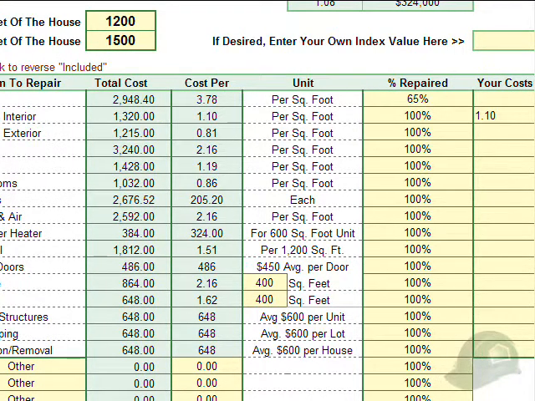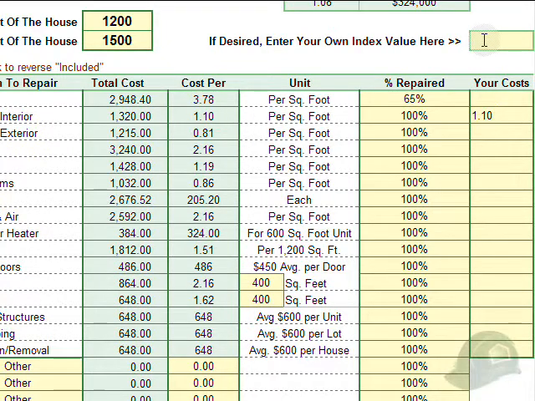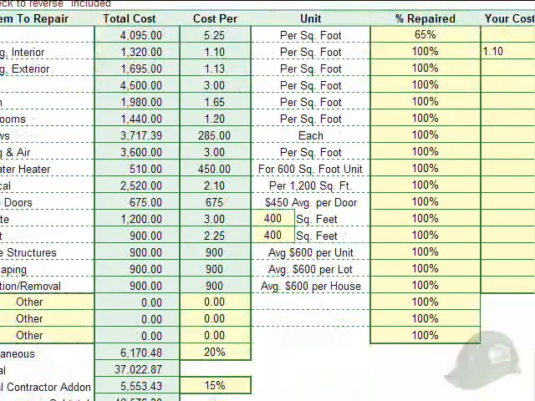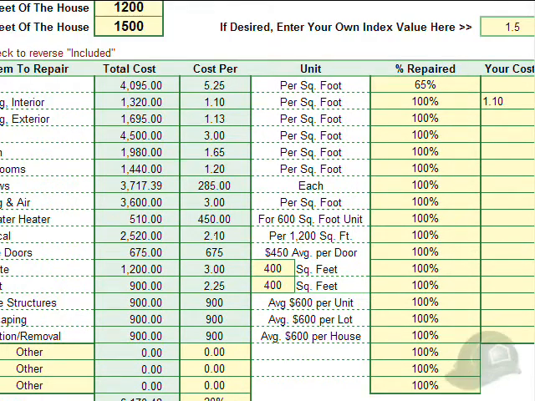If, for instance, the index was different, you could come here and put your index in. For example, if your index was 1.5 instead of 1.8, you could enter that here. And correspondingly, all of the numbers change for this amount. If, for instance, you wanted to see what these amounts would be after your contractor added their 15% onto them, what you could do is take the 15% out here by deleting it there and add it into here.